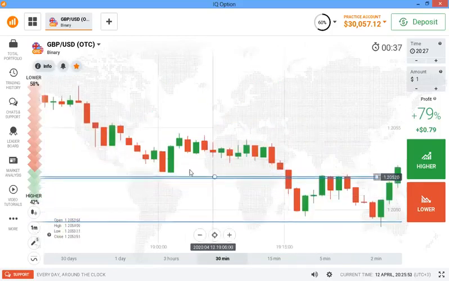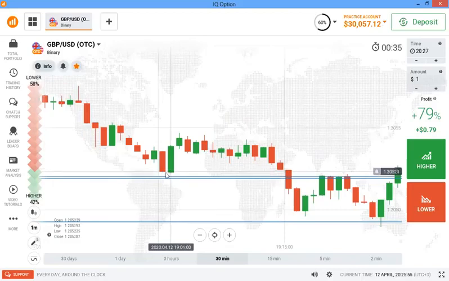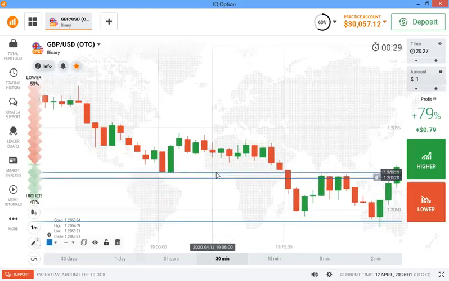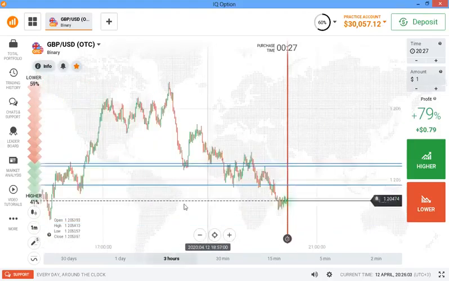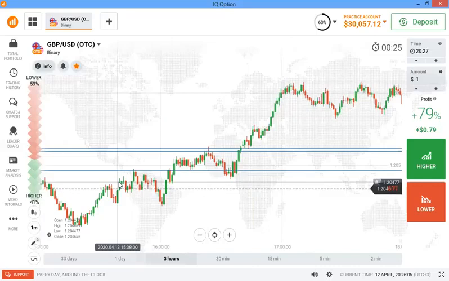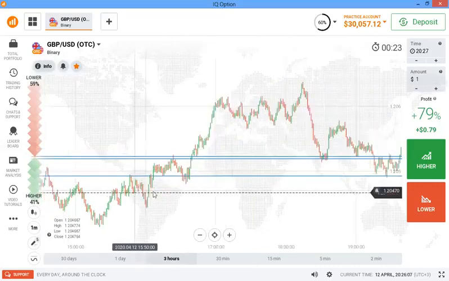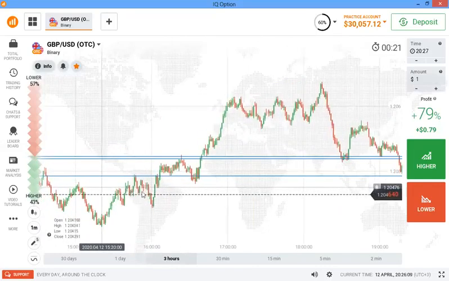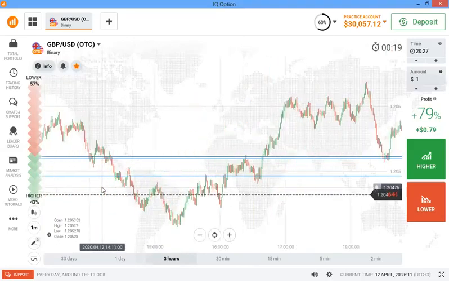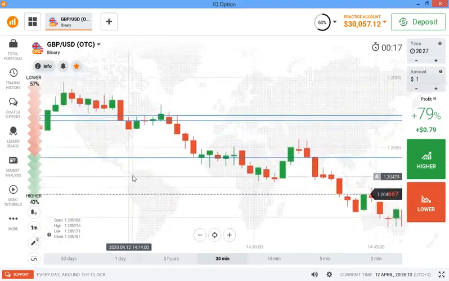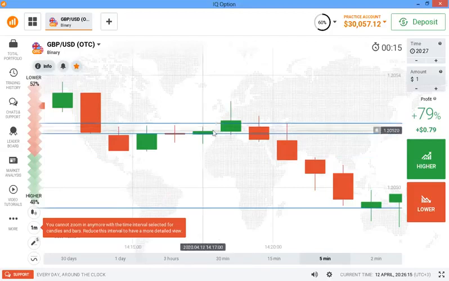But let me find the support and resistance of this level here. Here we have one.